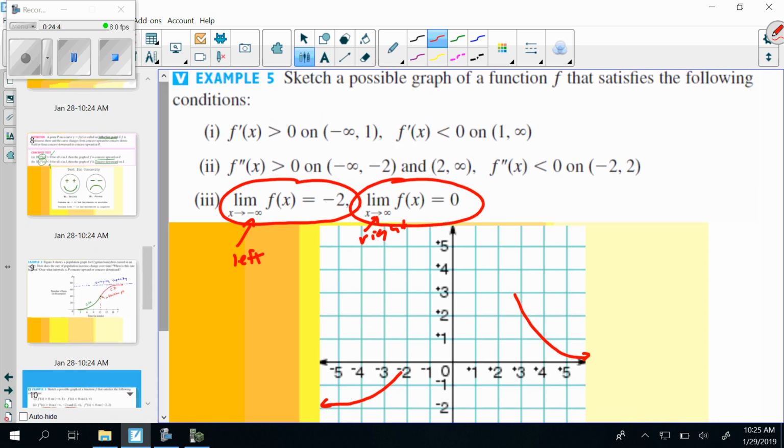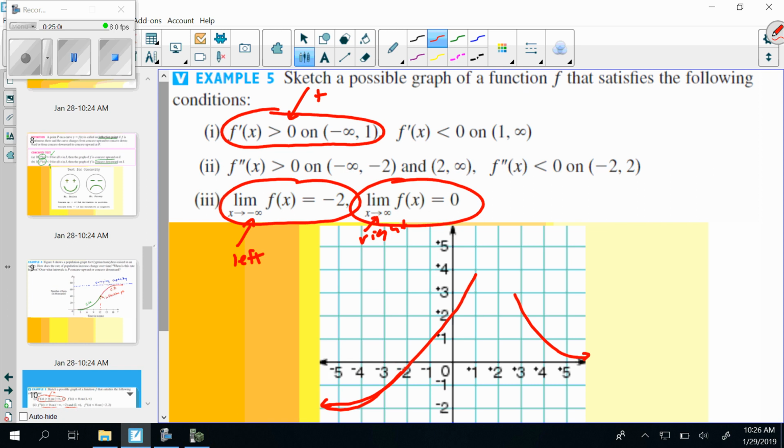These next ones are saying our first derivative is greater than 0 from -infinity to 1. That means greater than 0, positive. So our slope is increasing from -infinity to +1. It looks like my graph down here already has positive slope. It's going to keep increasing till it hits positive 1.